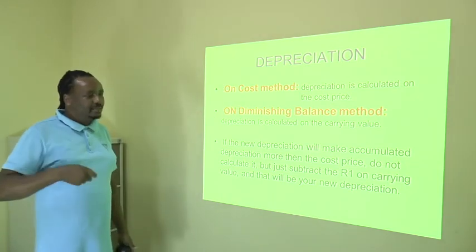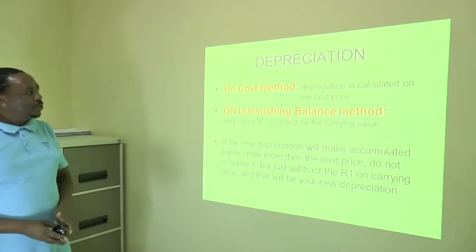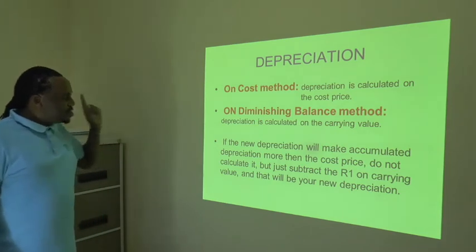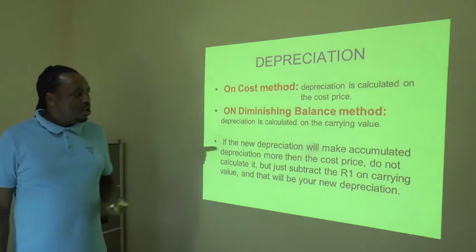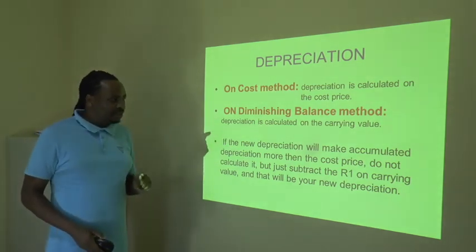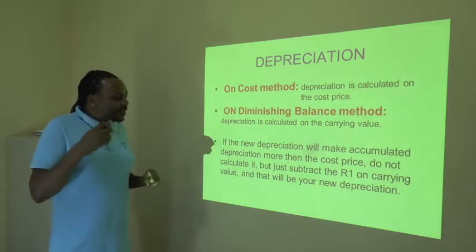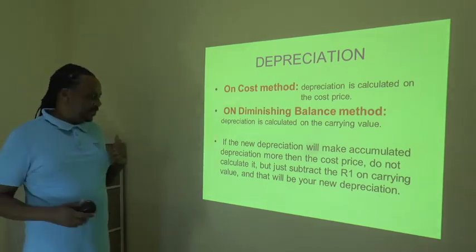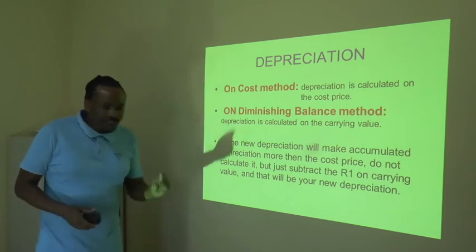When we add the previous years with the current year, that is the accumulated depreciation of our asset. So you must also note that if the new depreciation of an asset will make the accumulated depreciation more than the cost price, do not calculate it, but just subtract R1 from your carrying value, and that will be your new depreciation.